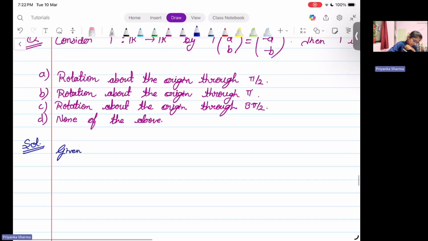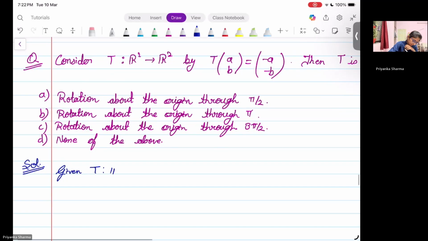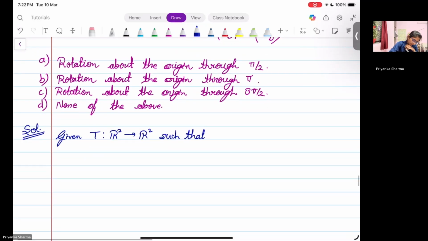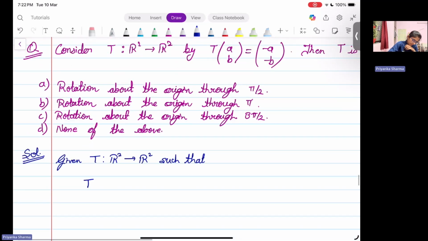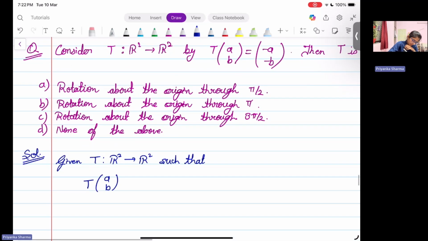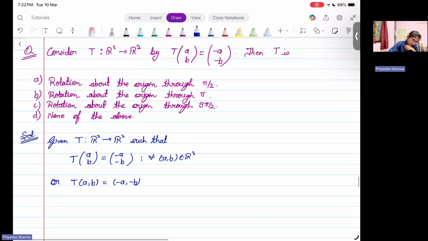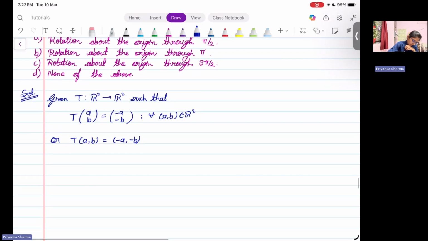The given map is T, which maps every element (A, B) of R square to (minus A, minus B). This can be alternately written as T(A, B) is (minus A, minus B). First we need to check whether this is an isometry or not.